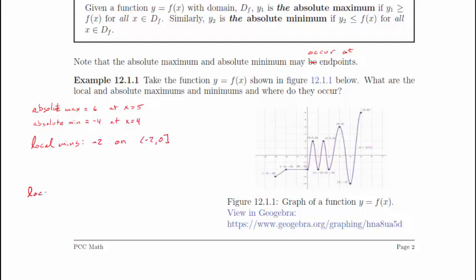And I'll give some room, local maximum. -2 is also a local maximum, and here it's a local maximum on -2 to 0, and this time we're going to include -2 and exclude 0.